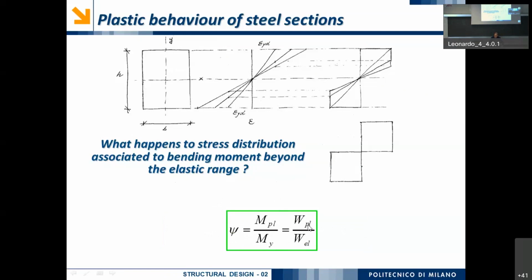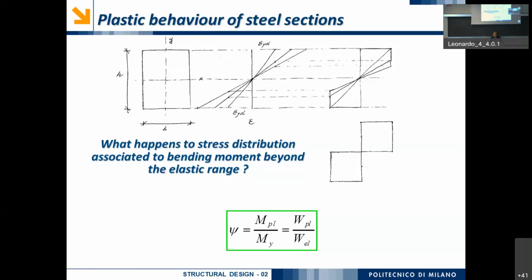Or, if you prefer, from the value of WPL and the value of WL, okay? So, this coefficient often is called the plastic ratio of the cross-section. Of course, it is larger than 1.